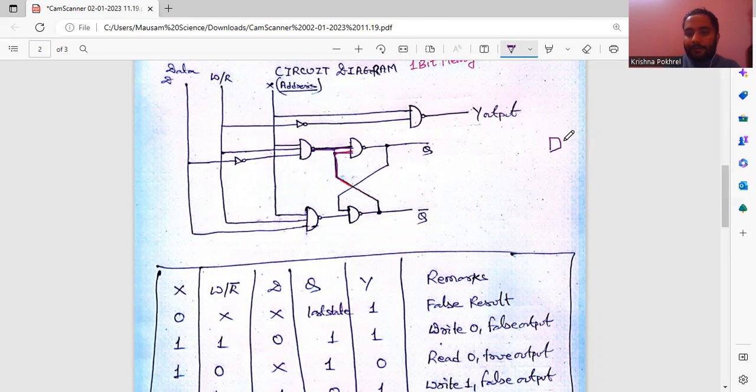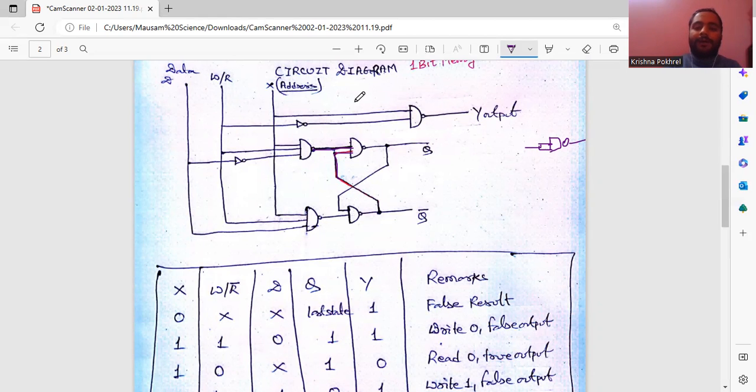Okay, we can use this as a NAND gate. NOT gate, sorry. These two NOT gates are there. Here are three compartments. One here is address, read/write, and here is data. And we'll connect this.